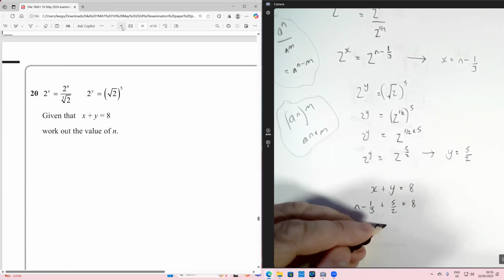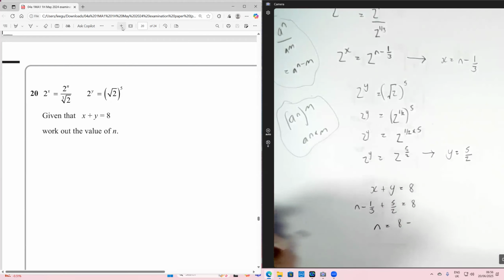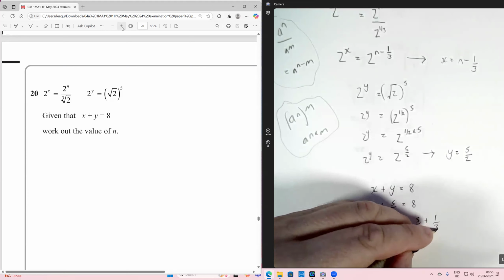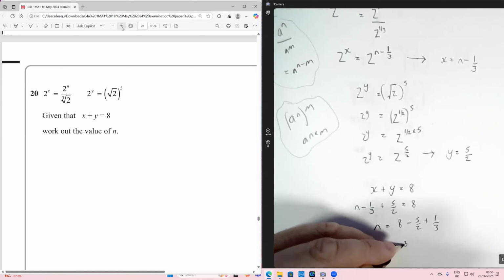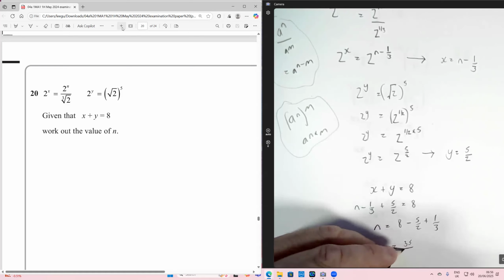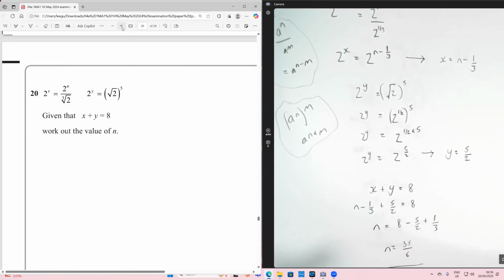So we can now just say that n must equal 8 minus 5 over 2 plus 1/3, just rearranging the whole thing to get n on one side. And then 8 minus 5 over 2 plus 1/3 is going to give us 35 over 6. So n is equal to 35 over 6, which is our correct final answer.